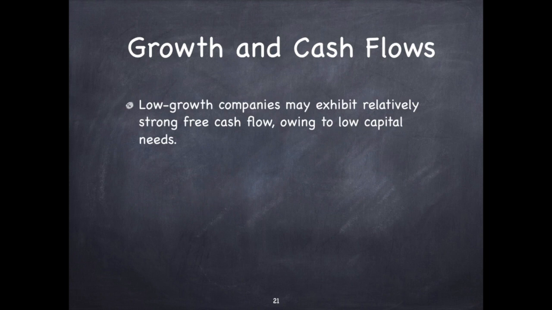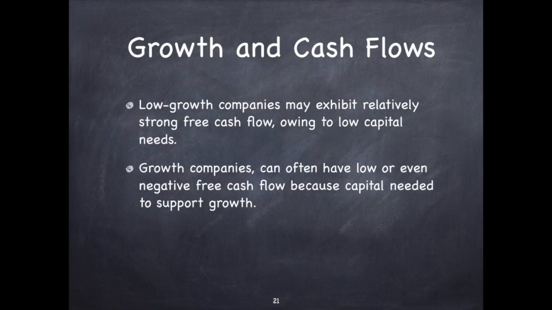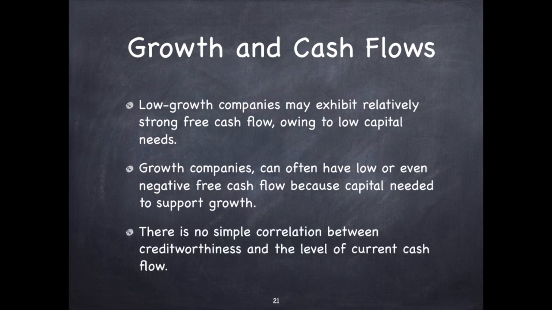Low growth companies may typically have strong free cash flow owing to the low capital needs, but high growth companies may often have low or even negative free cash flow because of the capital needed to support growth. And of course, I use the word free cash flow rather loosely here, so you have to be precise in your definition of which level of cash flow you're talking about.